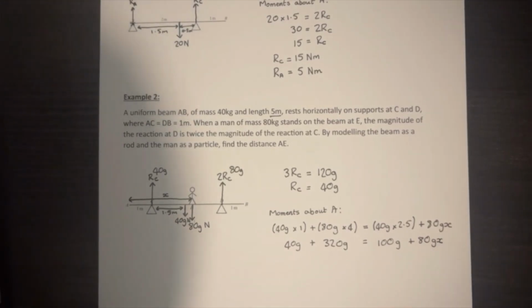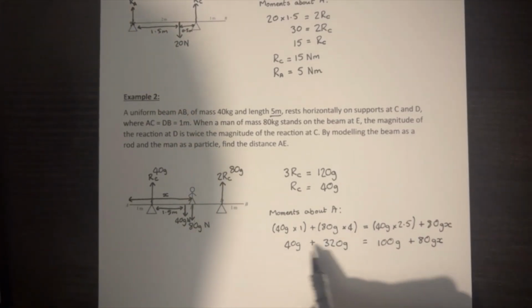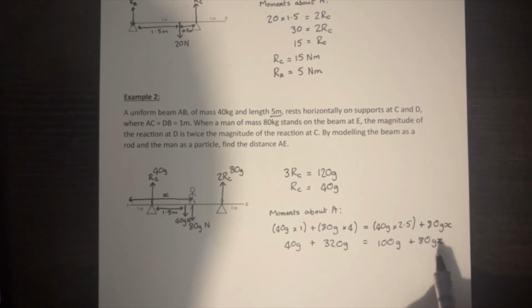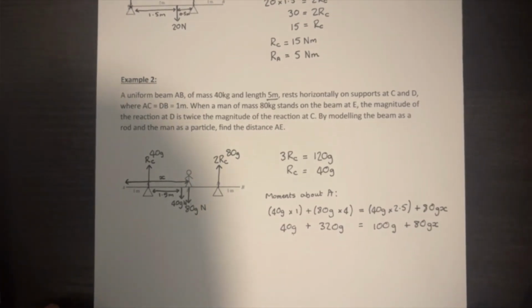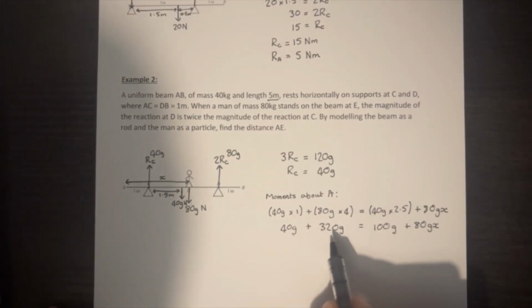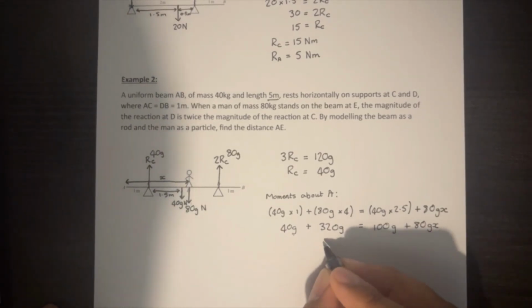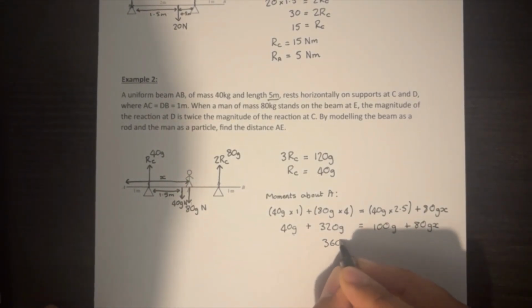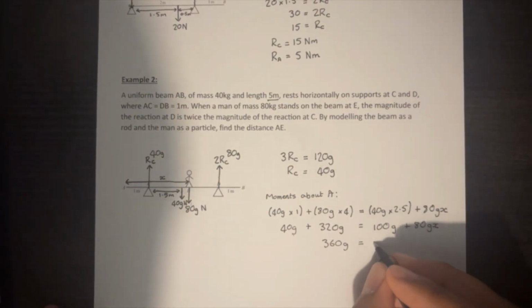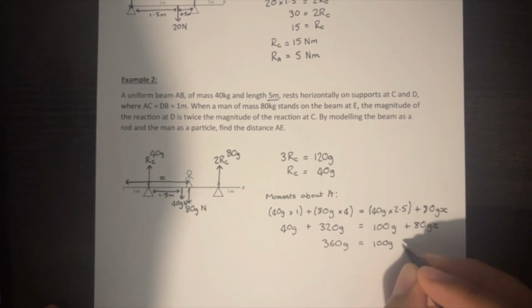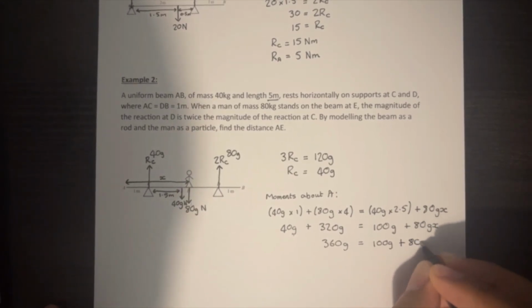Now it was useful that I wrote things in terms of g and left it that way, because everything has a multiple of g, so they'll be able to cancel. A little simplification first: 40g add 320g is 360g, and that's equal to 100g plus 80gx.